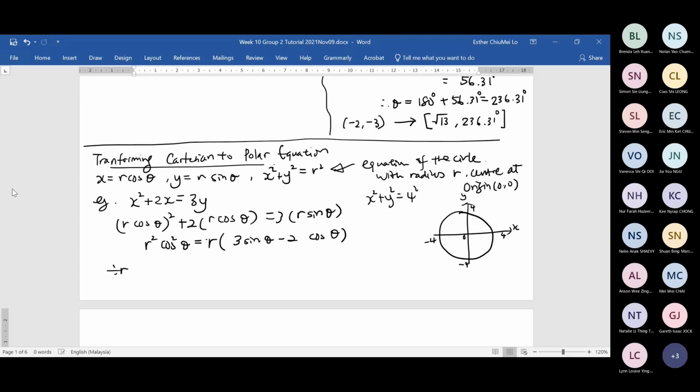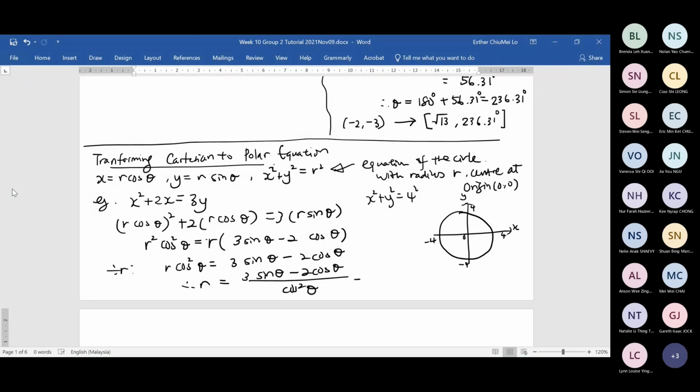So only 1r is left, and the other side is 3 sin theta minus 2 cos theta. So your r equals 3 sin theta minus 2 cos theta over cos squared theta.